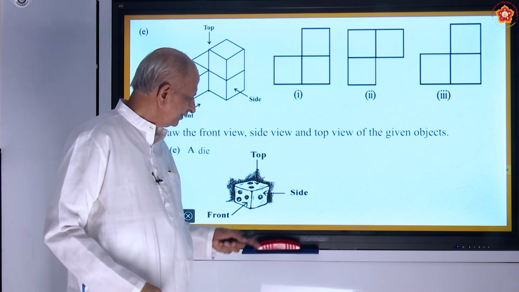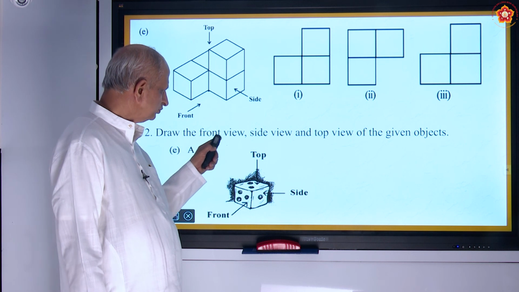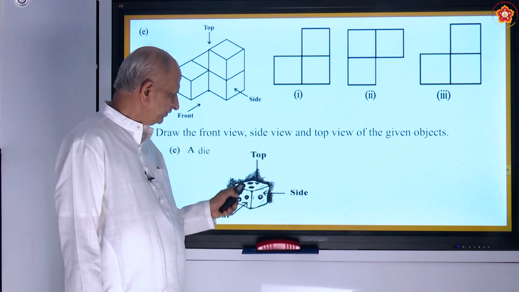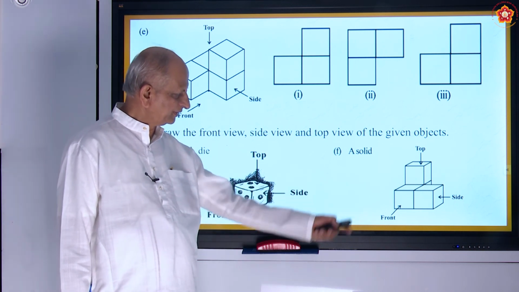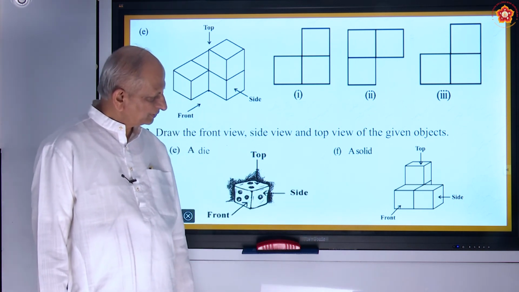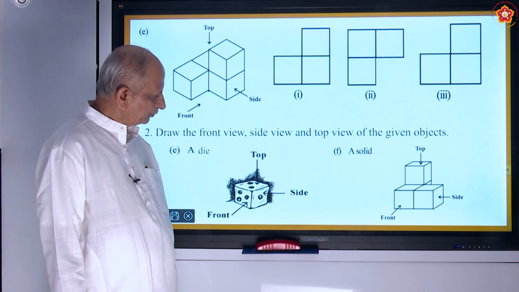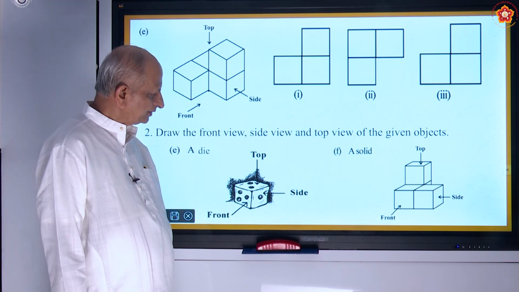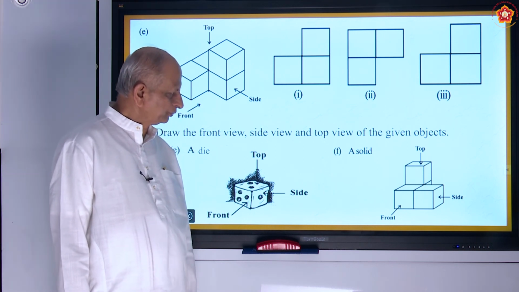So you must tell the front view, side view and top view of this die, and then a solid like this. Okay, that is a solid of 4 cubes. You must tell the side view, front view and top view.